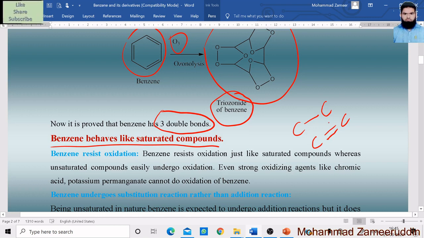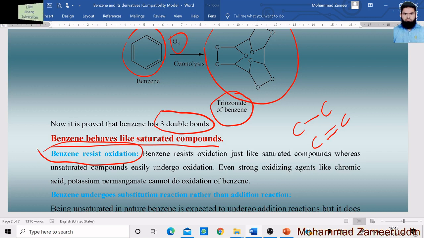What is the proof? The proof is that benzene resists oxidation. In chemical principle, if a compound is unsaturated then it easily undergoes oxidation.